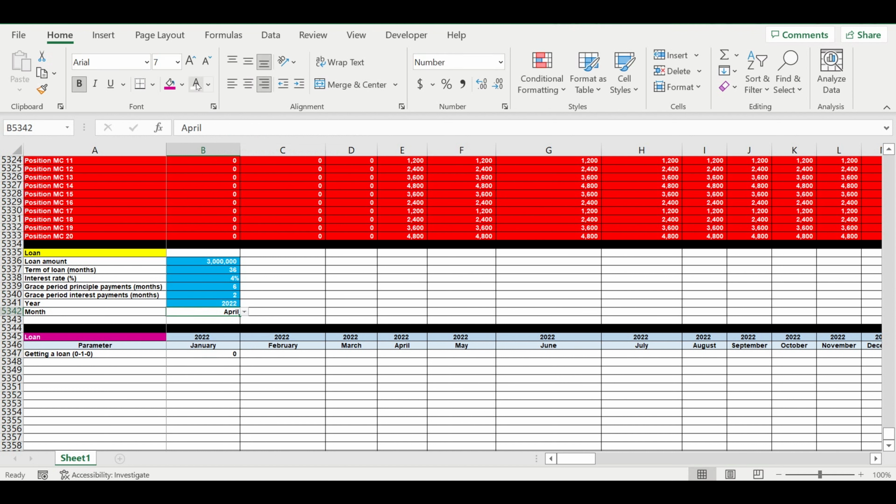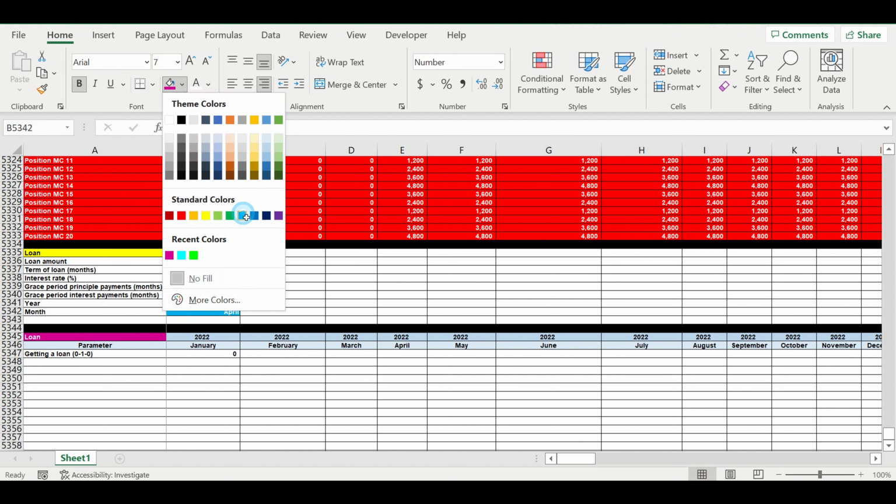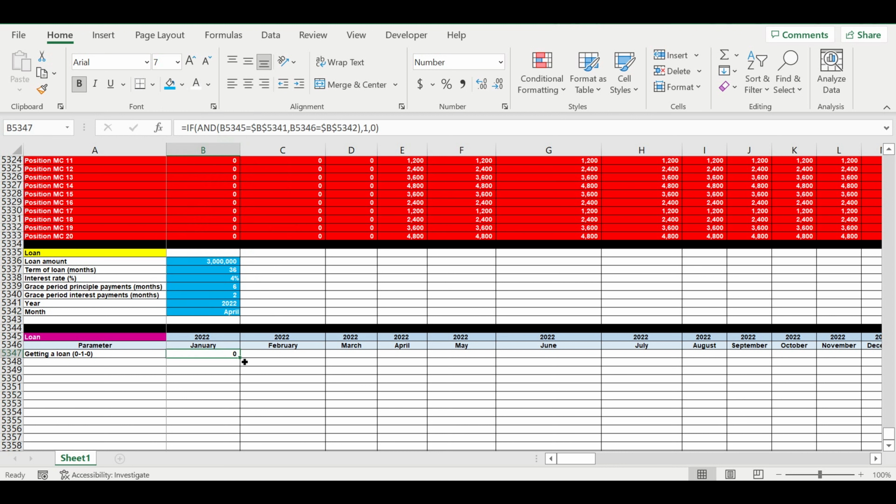This is also the input, by the way. We're coloring it with blue. So here it is.